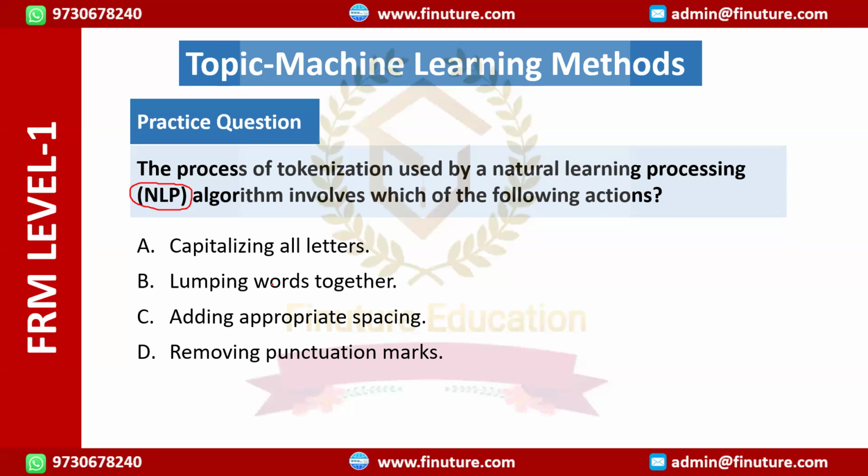These are the four options that we are given. Out of these, two can be easily dropped. Two may confuse a bit, but if you know the concepts well, then it would be easy to answer. But before we talk about the answer, let's look at what tokenization means.